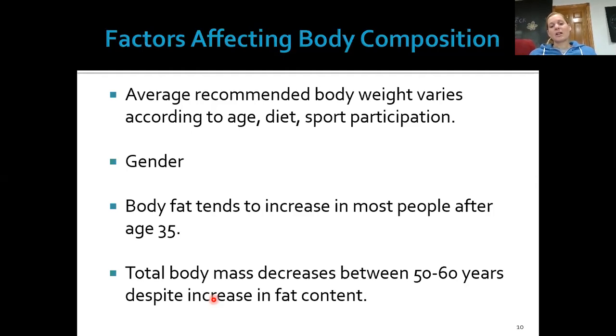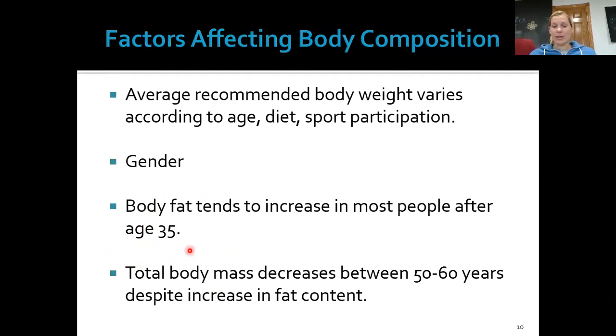Body fat percentage tends to increase in most people after the age of 35. We see about a 1% increase in body fat percentage every 5 years, I believe it is. So a gradual increase in body fat percentage is fairly normal in adults. Not that that's okay, we don't want that.